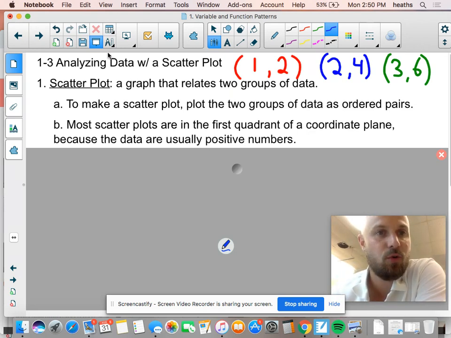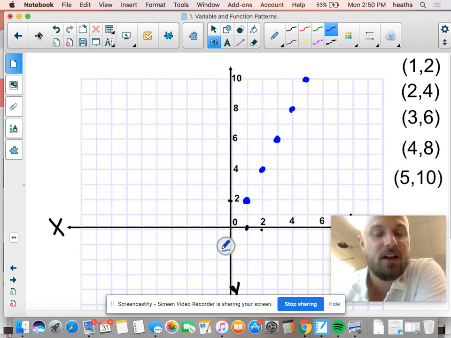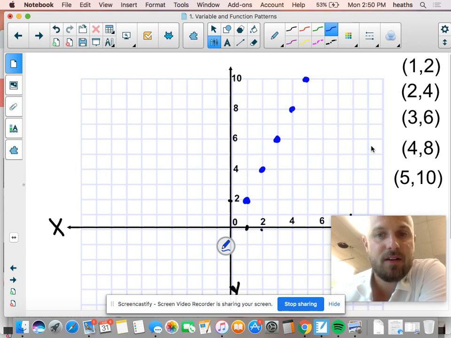And as I warned you, I'm going to go right back to my portion here. This top right, or the first quadrant up here, most of your scatter plots are going to go there because it's positive numbers. Positive on the x-axis is over here, and positive on the y-axis would be over in this quadrant.